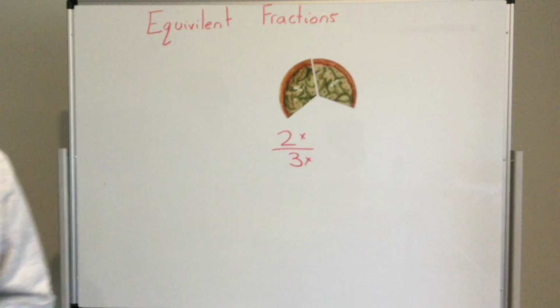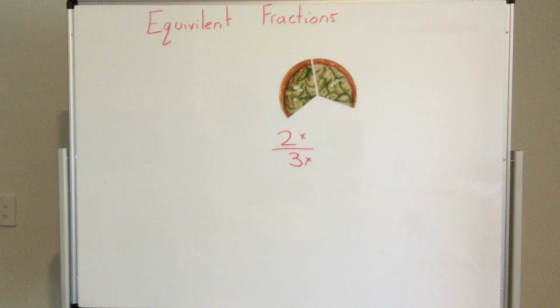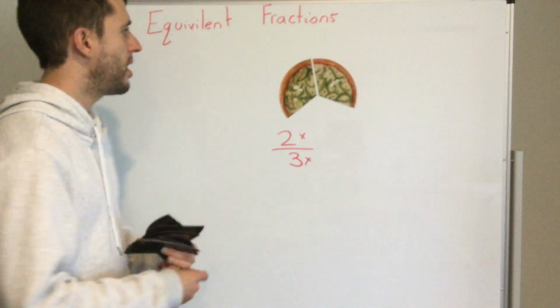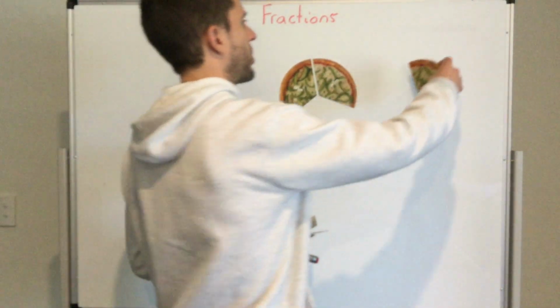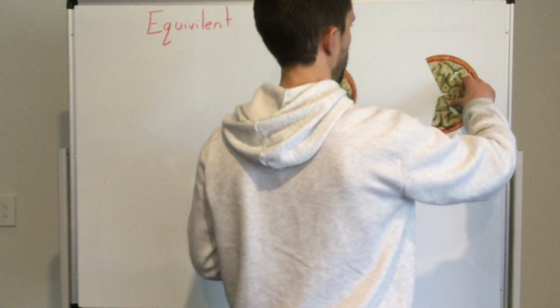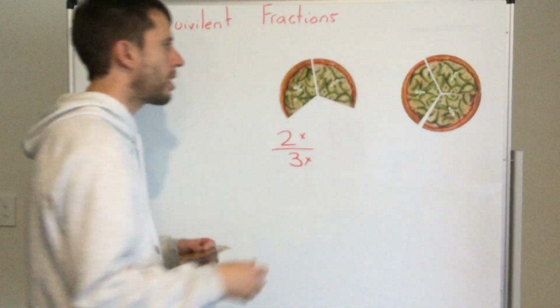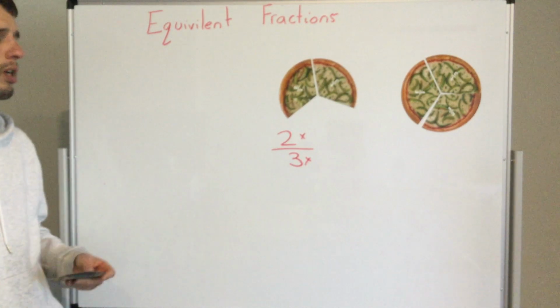I'm just getting a few more magnets here. So if I'm looking at what a third looks like, if I've got a whole piece, it's cut into 3 pieces like I've done, but I want to multiply it.